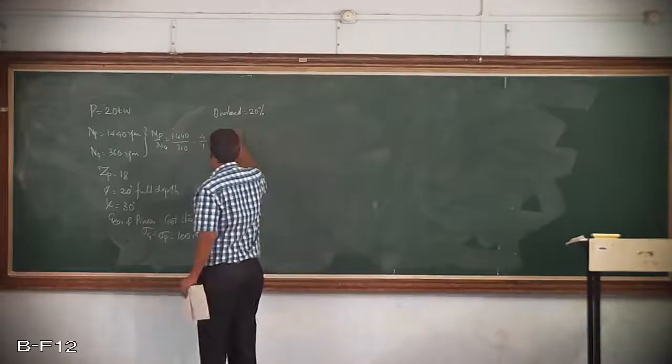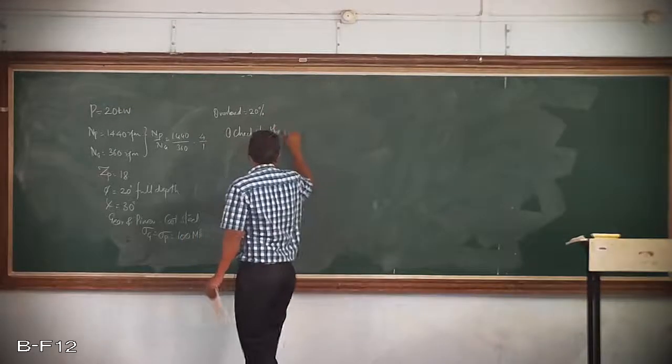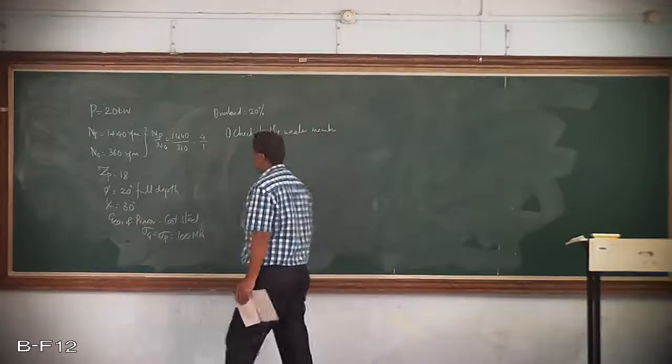Therefore, we can first write: check for the weaker member.